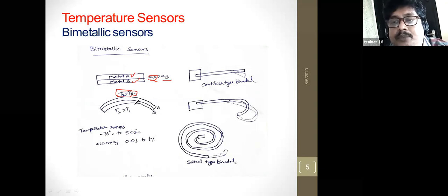When the temperature varies between the two metals, T1 and T2, the thermal expansion also varies. Here, if you see clearly, it undergoes some bending when T2 is greater than T1. If, for example, T1 is greater than T2, then it bends the other way.